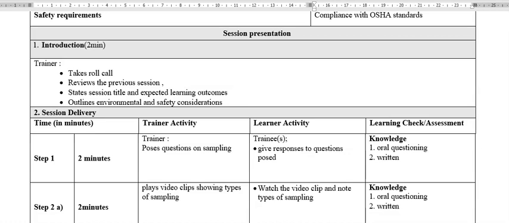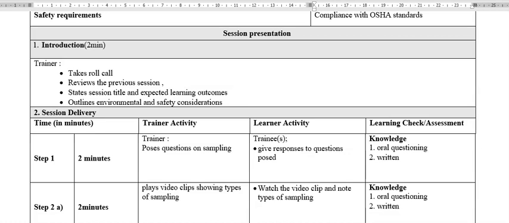Group 2, give us your inputs about the type of sampling you identified. Yes, Maggie? Okay, that's a nice one. Maggie has said that they identified the non-probability type of sampling. Who can tell us about the non-probability type of sampling? Yes, Mike? Okay, that's great.